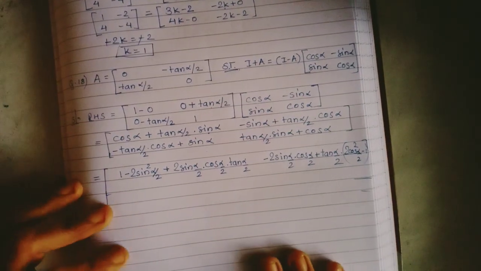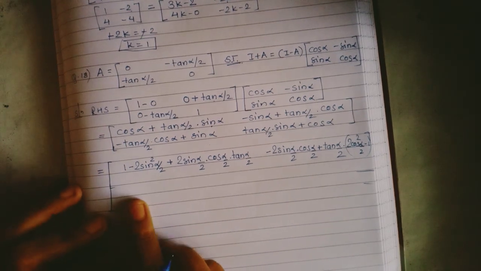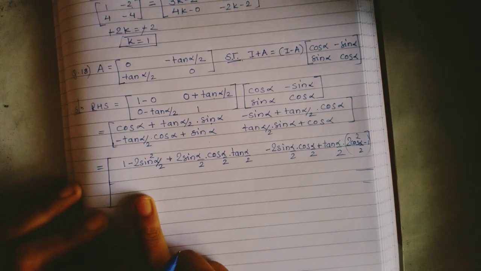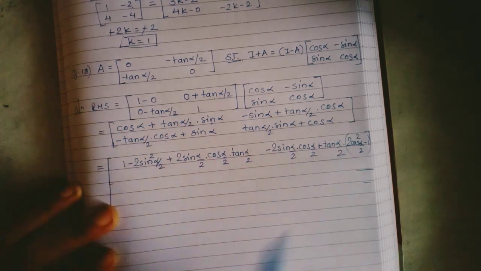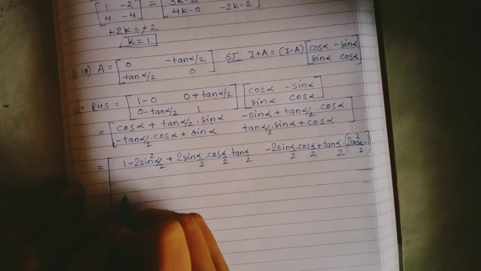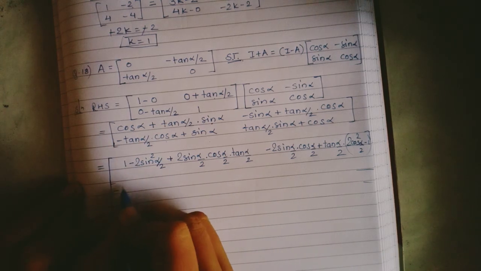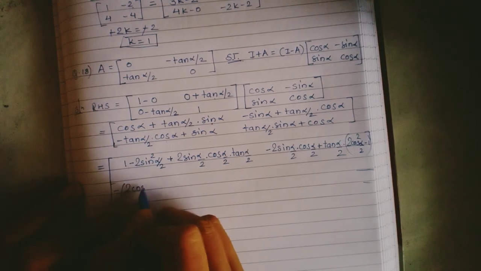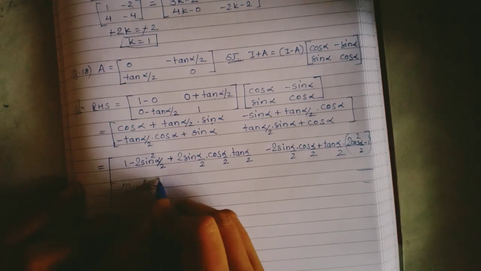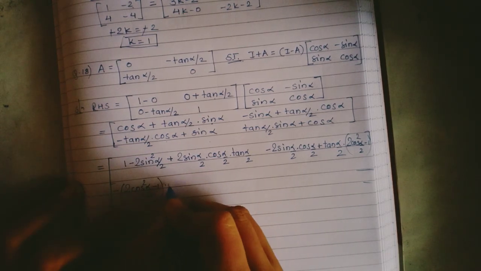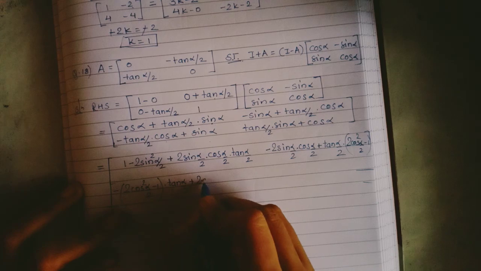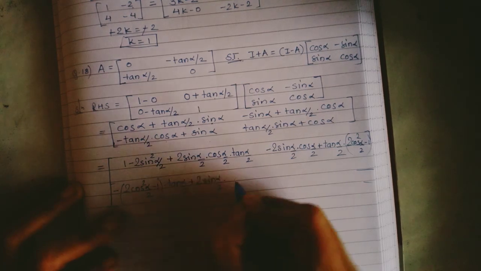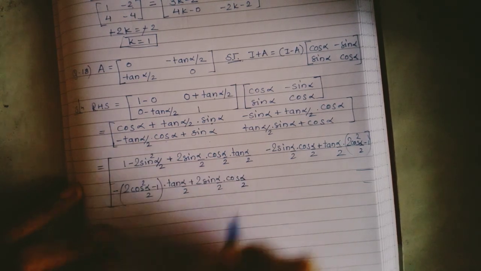Okay, moving on to our third element. Again here you have to substitute cos alpha in terms of 2 cos square alpha by 2 minus 1. So this becomes minus 2 cos square alpha by 2 minus 1 into tan alpha by 2, and your sin alpha you have to take 2 sin alpha by 2 into cos alpha by 2.